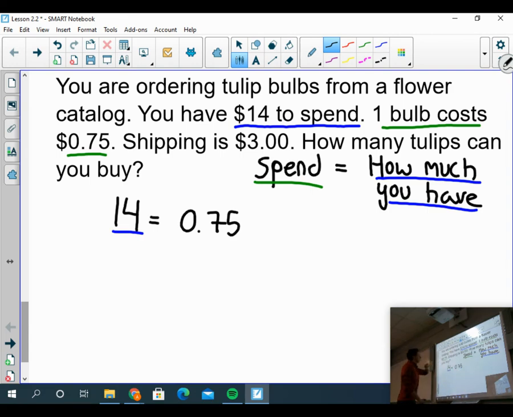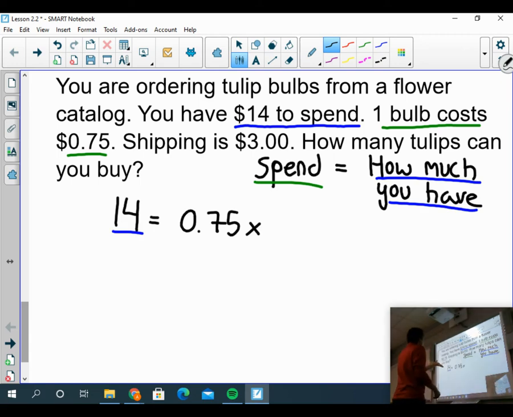If one bulb is 75 cents and I wanted 5, you're going to multiply the number you have by the cost per bulb. Well, I don't know how many tulips I'm buying. And when we don't know something in math, we put a variable there. So the first part of the money I'm spending is going to be on tulip bulbs, and they're 75 cents a piece.